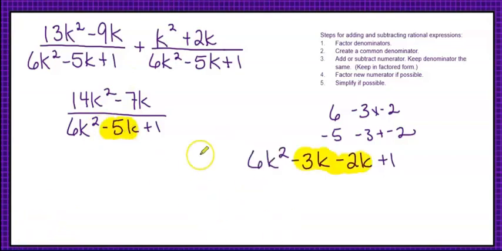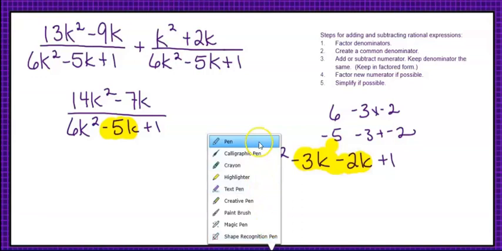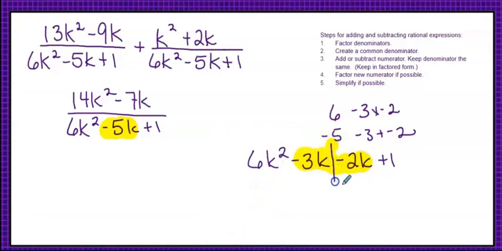So instead of writing negative 5k, I rewrote it as negative 3k and negative 2k, and that still equals negative 5k. So then we want to split this down the middle, and we're going to find the greatest common factor of this side, 3k. And then in parentheses, we have 2k minus 1.